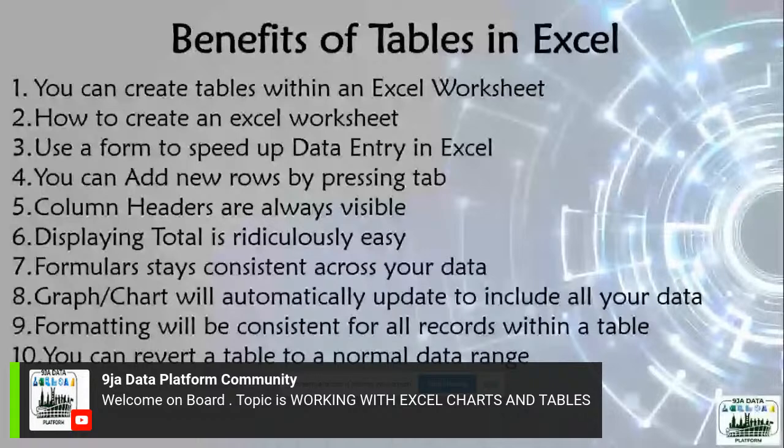Displaying totals is ridiculously easy in Excel. I'm going to show us how all these things are applied. Formulas stay consistent across your data. I will practicalize that too when we get to that bridge. Now, graphs and charts will automatically update to include all your data. Formatting will be consistent for all records within a table.